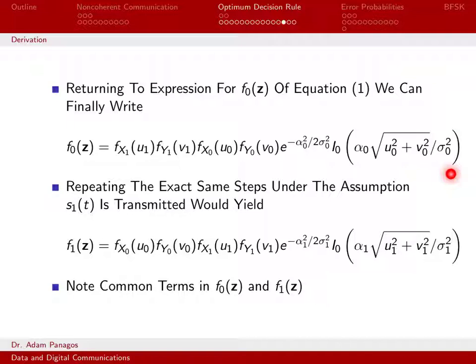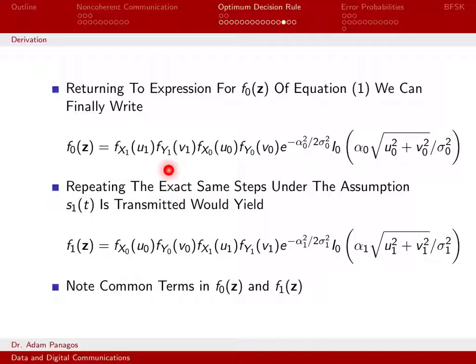So we now have this nice, compact, closed-form expression for the density function of our decision statistic vector under the assumption that signal 0 was sent. What are we trying to do big picture? We were trying to evaluate the likelihood function. The likelihood function is a ratio of the two conditional density functions. I've got an expression for one of them.